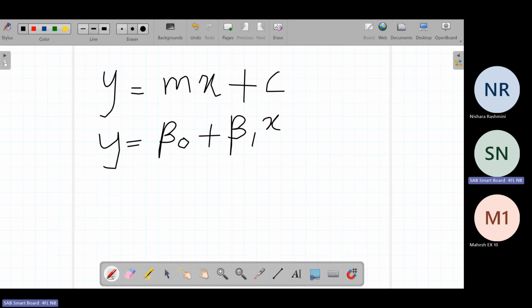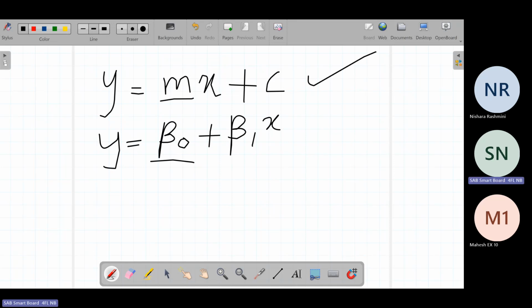Okay. Then tell me in this equation what is the c? C means what? Intercept. Okay. In our regression model, intercept is beta naught, not c. Understood? Then here m means what?